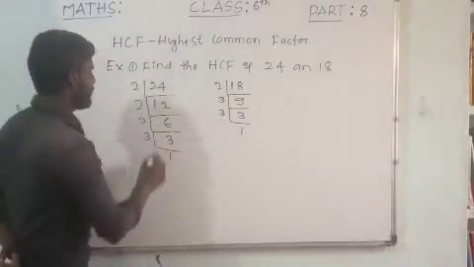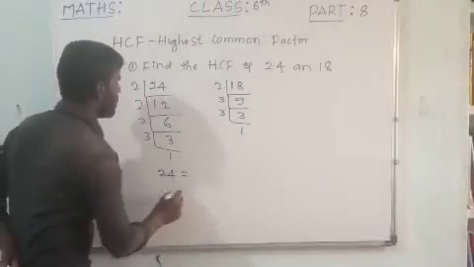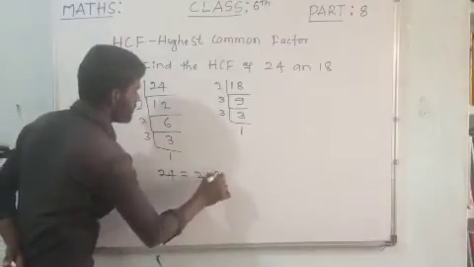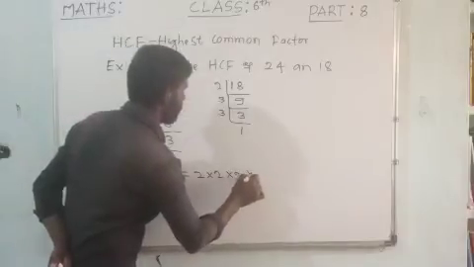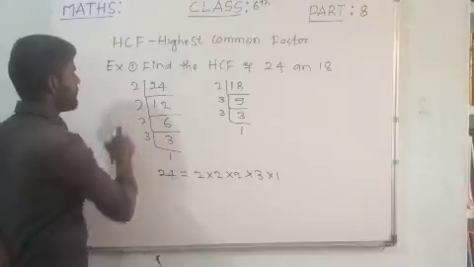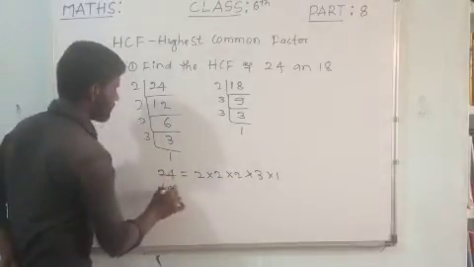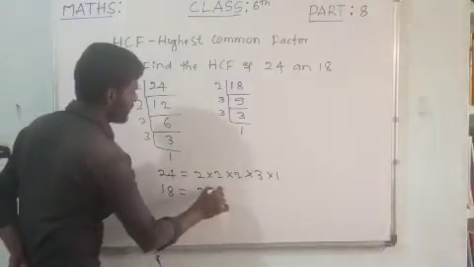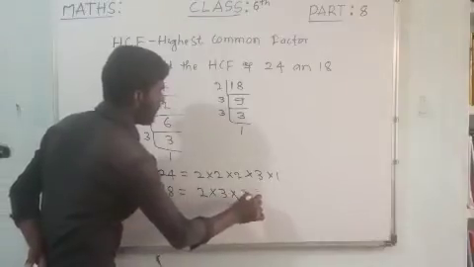Now I can write 24 as the factors 2 into 2 into 2 into 3 into 1. All these factors I have written here. Then 18 as the factors 2 into 3 into 3 into 1.